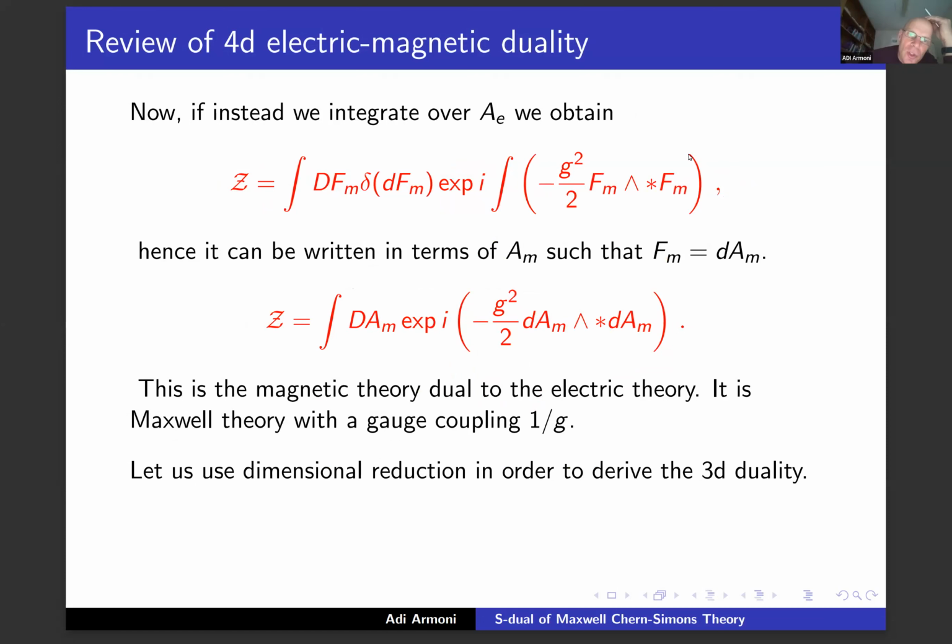So that's exactly the partition function I wrote now. So we integrate over Fm, and we have a delta of small d Fm, and again the Maxwell theory, but now written in terms of a gauge invariant two-form.